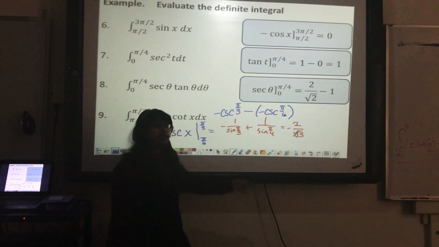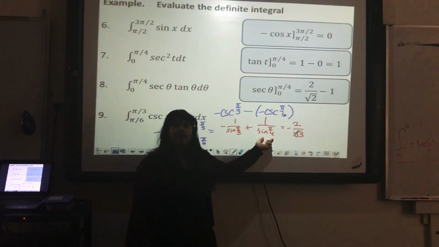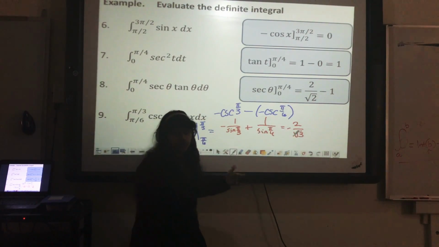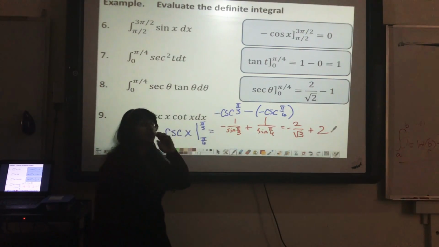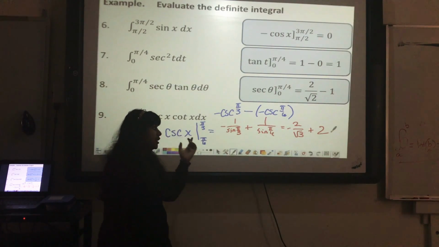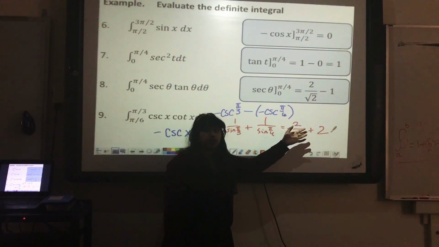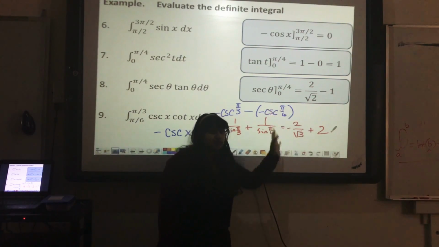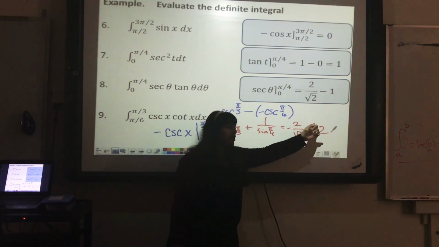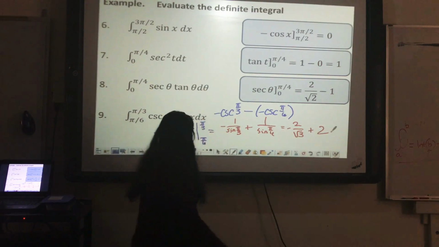The sine of pi over 6 is the sine of 30 degrees, which is 1/2. Again, we're on the bottom, so we flip it. The reciprocal of 1/2 is just 2, so plus 2. So we have negative 2 over the square root of 3 plus 2, or 2 minus 2 over the square root of 3. Again, we can rationalize, get rid of this plus and combine. There are a lot of ways we can rewrite that.